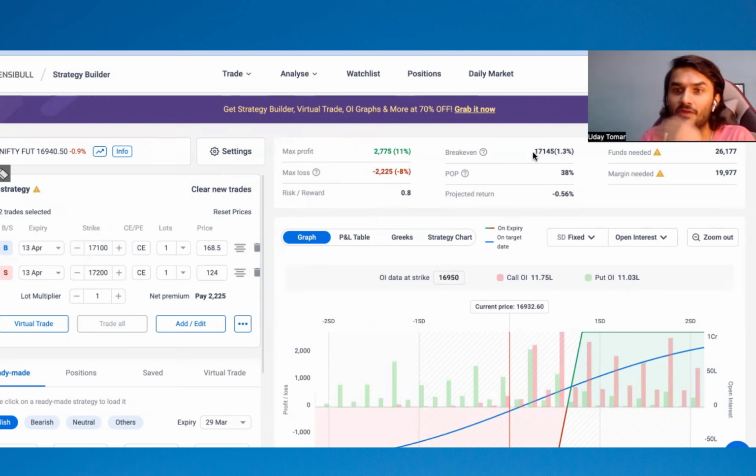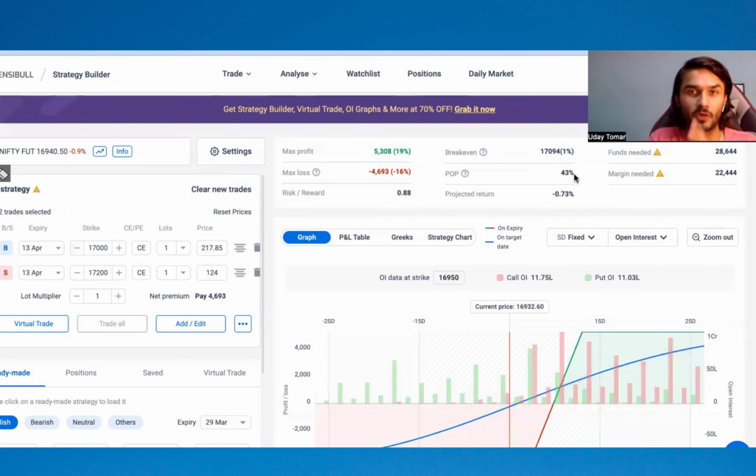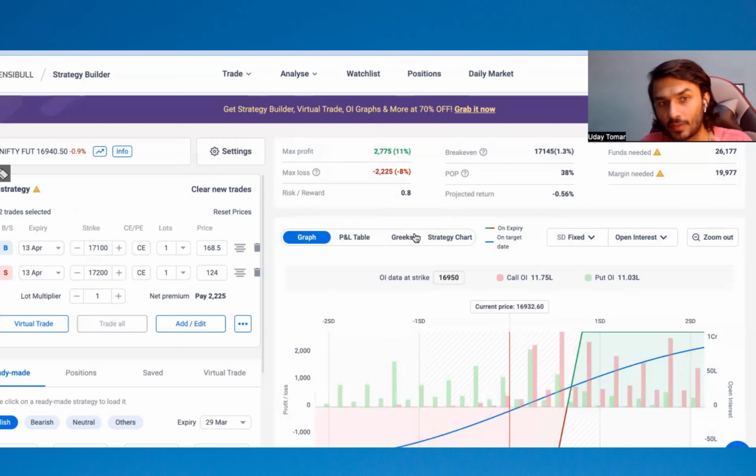See, now your break even goes higher. From 17,094, it has gone up to 17,145, and your probability of profit has also come lower. Previously, your probability of profit was 43%, but now when you choose the out of the money option, here out of the money will be 17,100, the probability of profit is 38%.